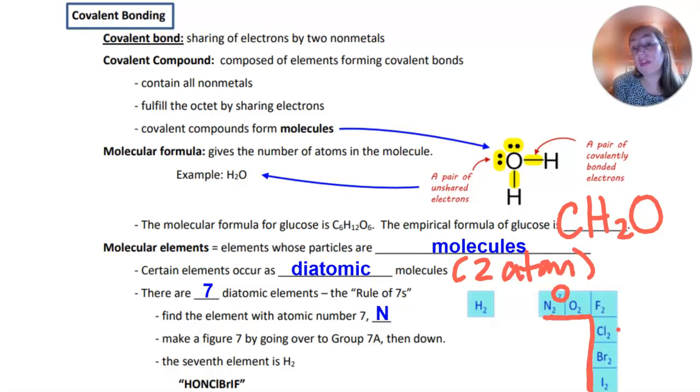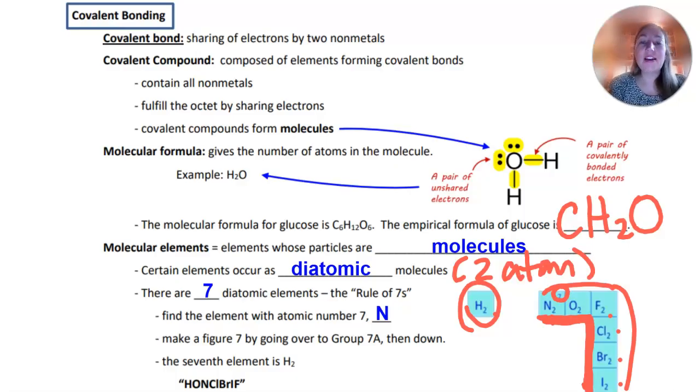So if you're counting, that's 6. Nitrogen, oxygen, fluorine, chlorine, bromine, and iodine are 6, and then hydrogen is the 7th element. So these 7 diatomic elements plus hydrogen make a 7 on the table. I've heard some people call it H NOF and down to make the 7. So H NOF down to get your 7 elements.